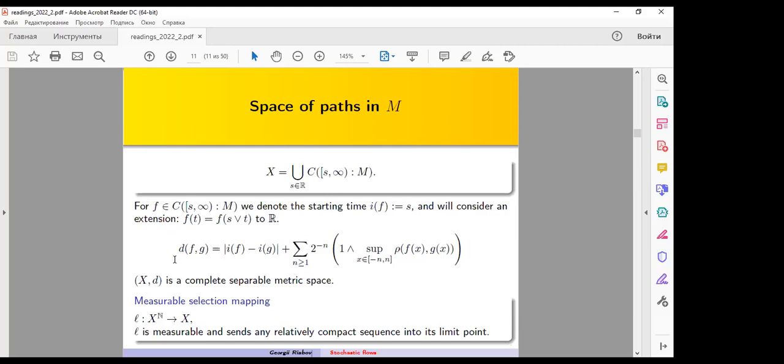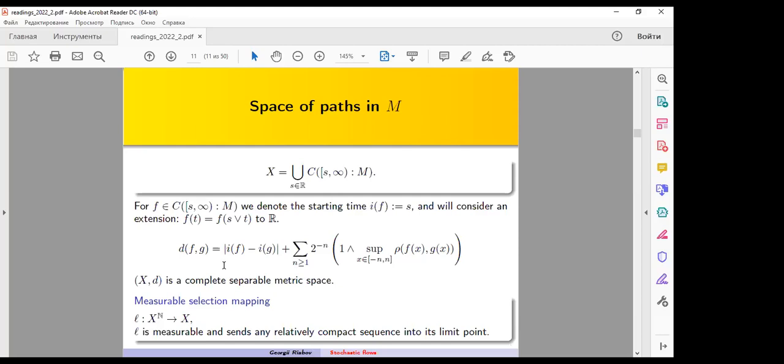Now let us consider this metric. Convergence in this metric means that starting times converge, and trajectories converge uniformly on segments. Then with this metric, X is a complete separable metric space.